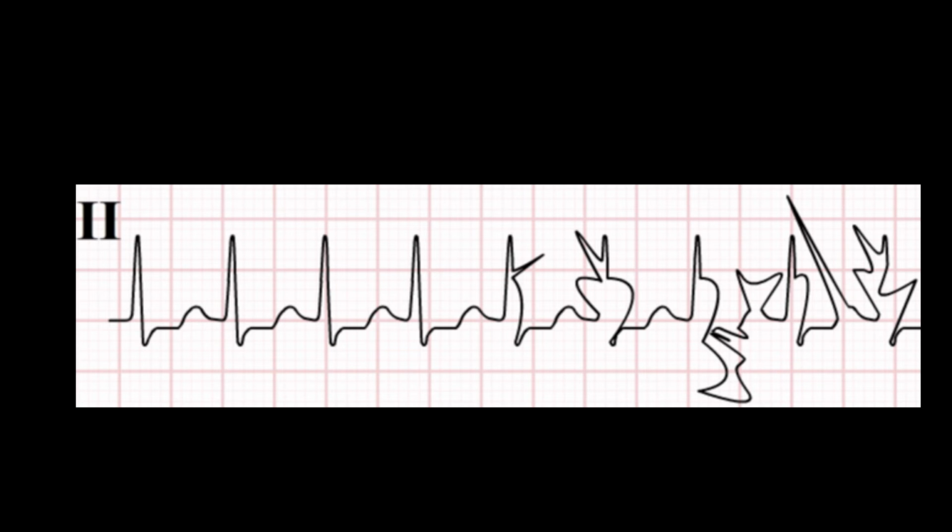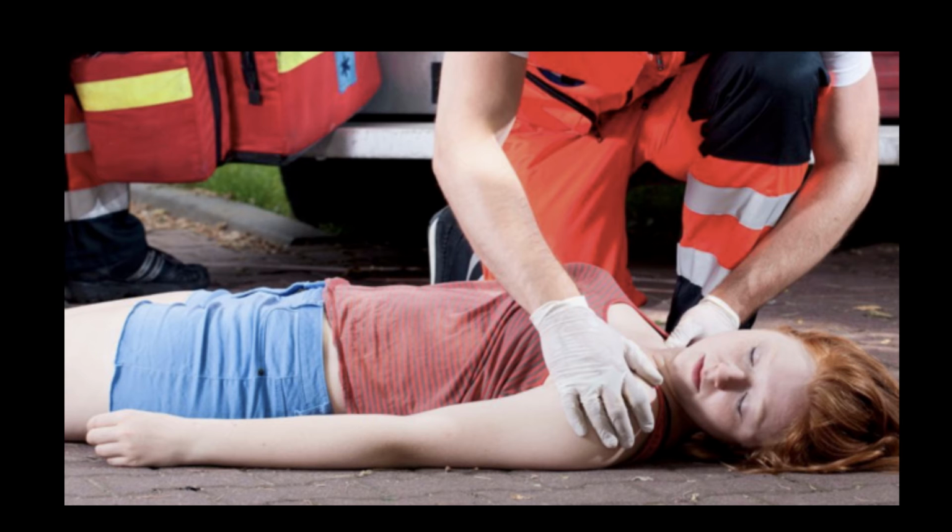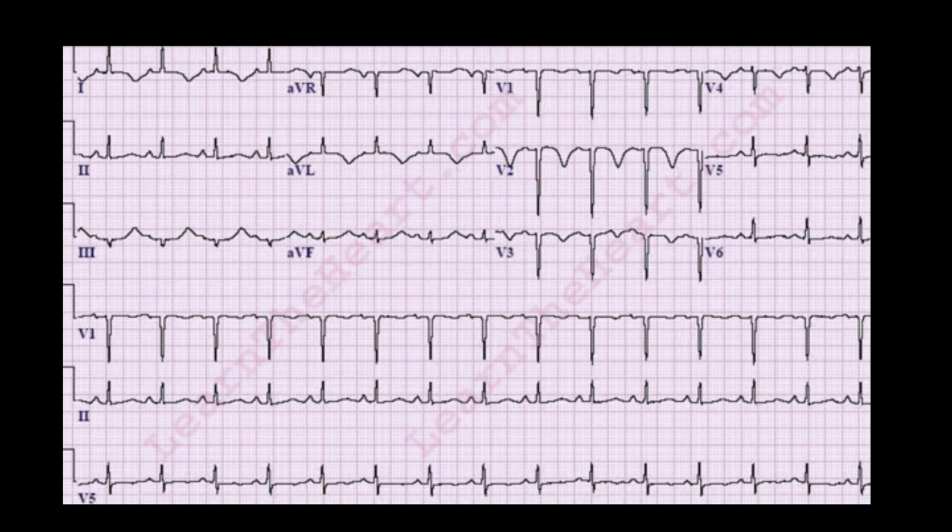So let's look at a little case here. This is a 17-year-old female found by her roommate while at college, found to be unconscious. Just kind of quickly look and form your general interpretation of this ECG.